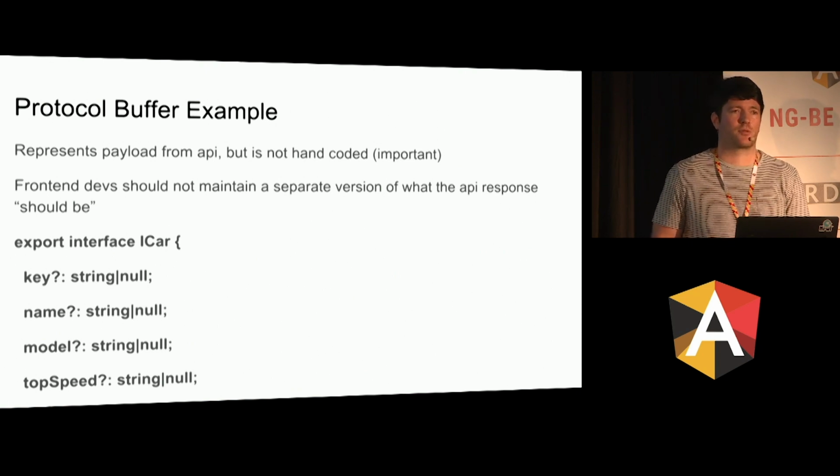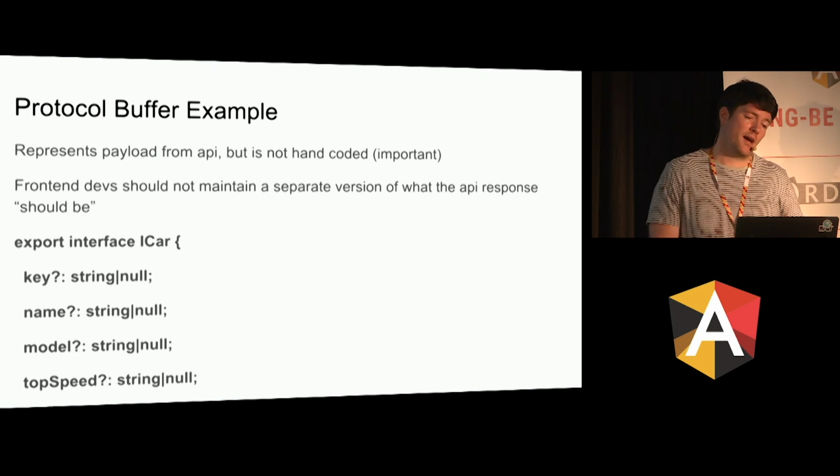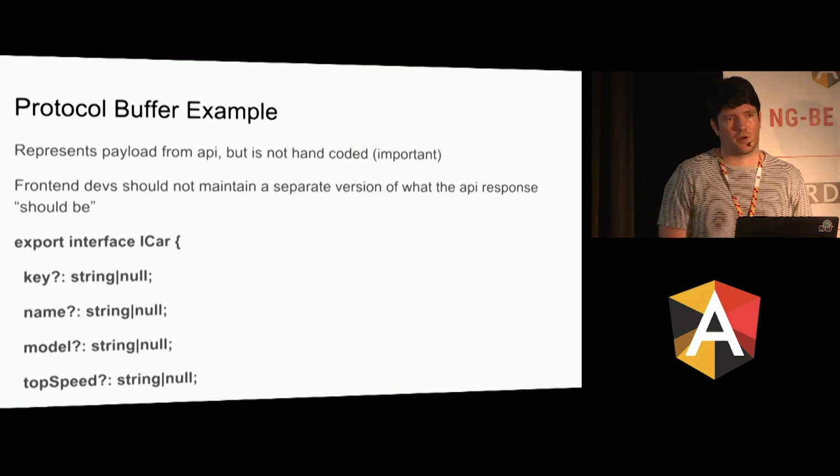It has to be generated from the source, because if you're creating your own interfaces just to mimic what you think the API payload used to be, then you're basically not providing a lot of value. You have types, but it's not necessarily reflective of the actual API response. It will quickly fall out of sync because you're manually maintaining it.